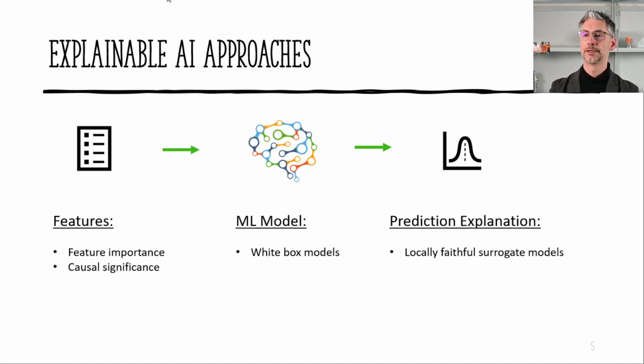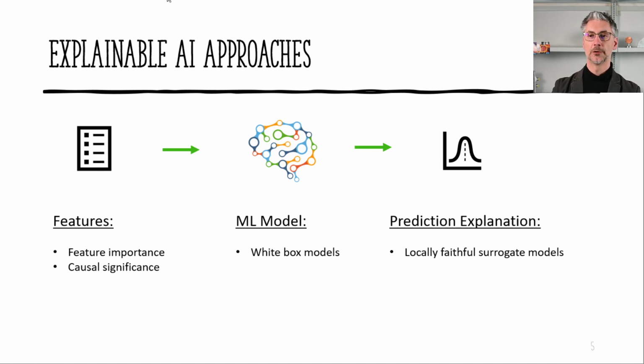So there are several explainable approaches. We could have a focus on the features, so we understand the importance of each feature and the causal significance of each feature. We could move to a white box machine learning model, or we could explain each prediction. That means we build locally faithful surrogate models or replacement models.